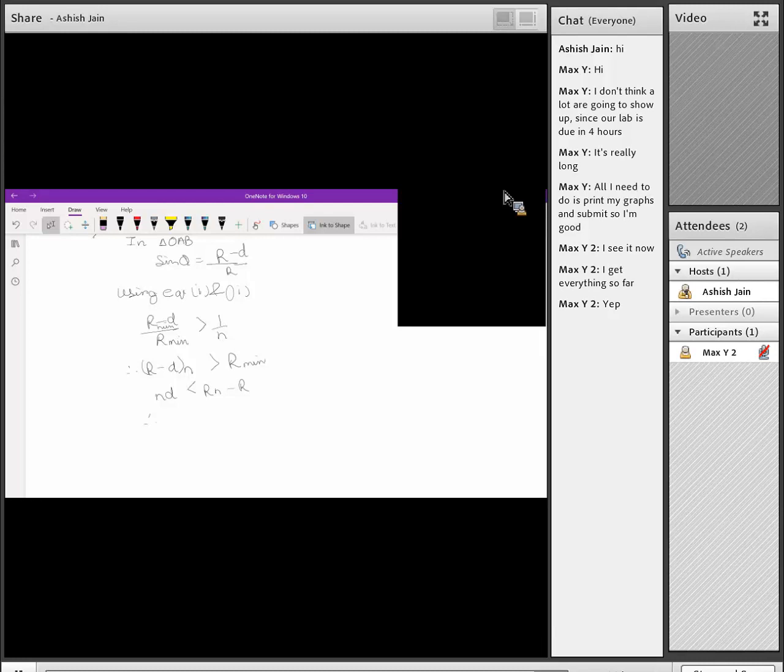So R min should be greater than nD by n minus 1. So that's your answer for part A.